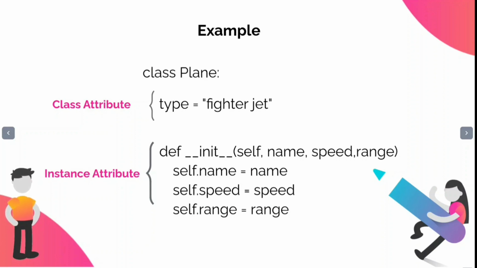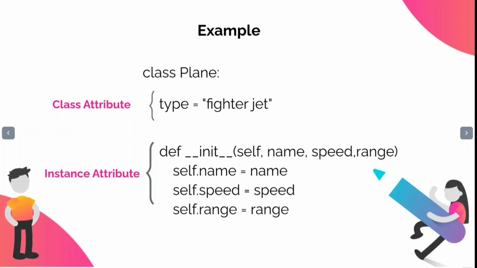Here, self.name, self.speed, and self.range are instance attributes, where self.name is equal to name creates an attribute called name and assigns to it the value of the name parameter.